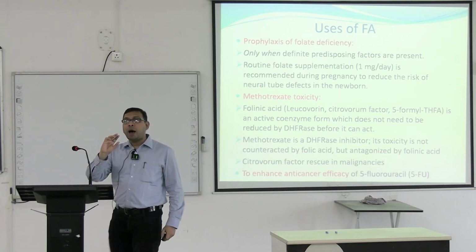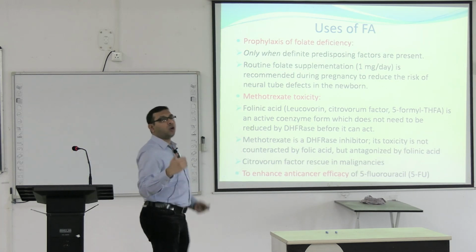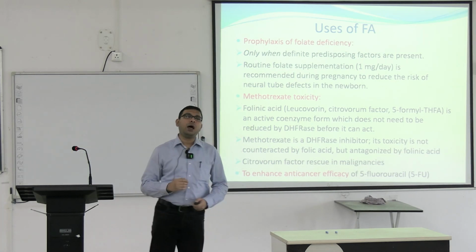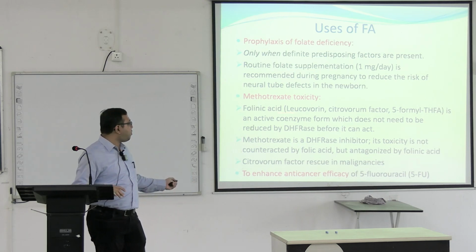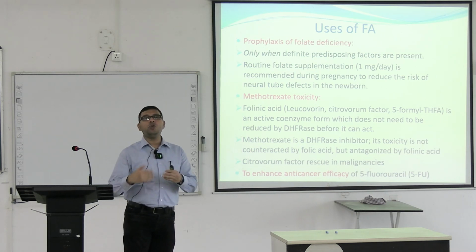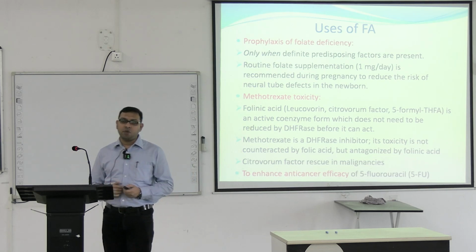So, we need some form of folic acid that does not need the conversion through the agency of the dihydrofolate reductase enzyme. This is the form that does not need to be converted to the active form by means of tetrahydrofolic acid.